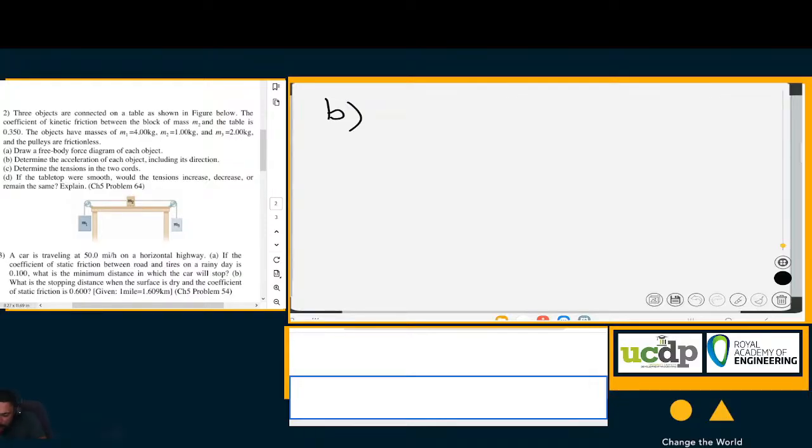Let me look at my notes. For block 1, so for mass 1, the acceleration would be: the sum of the forces on block 1 is equal to the mass of block 1 times the acceleration of block 1. Now, what are all the different forces acting on block 1?